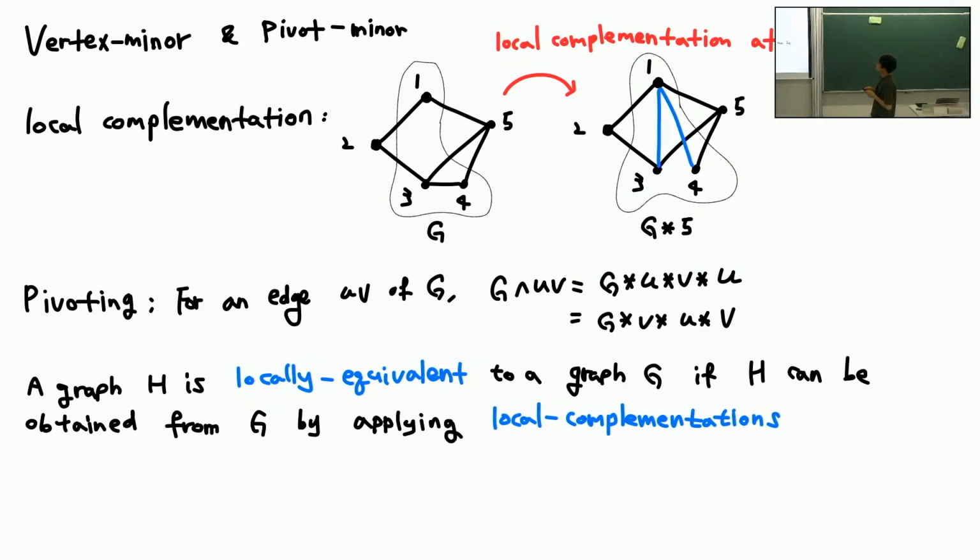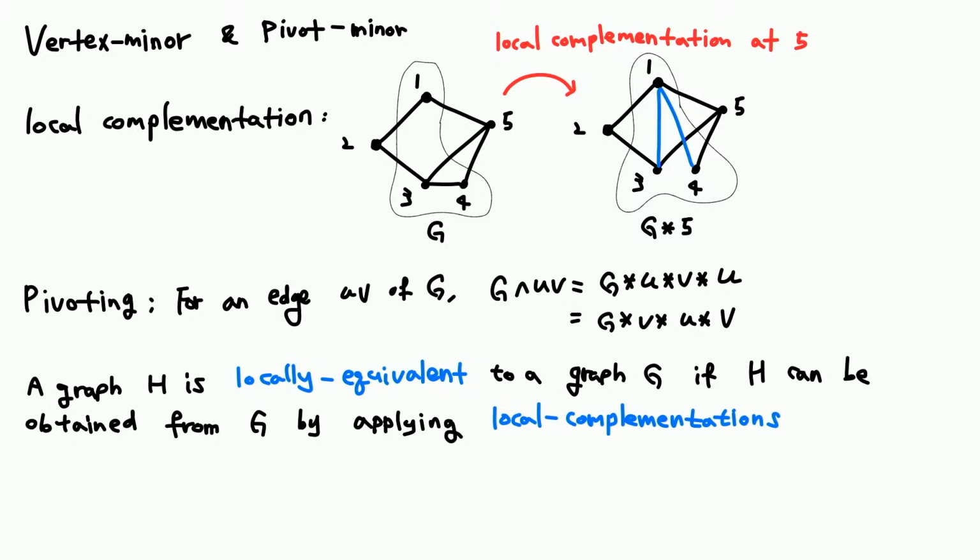First, we have to talk about local complementation. Local complementation at a vertex is an operation where we start with one vertex and look at the neighbors of this vertex. In this case, the vertex is 5, and the neighbors are 1, 3, 4.